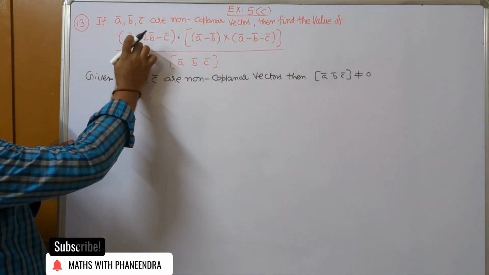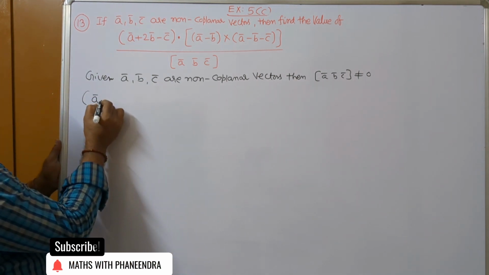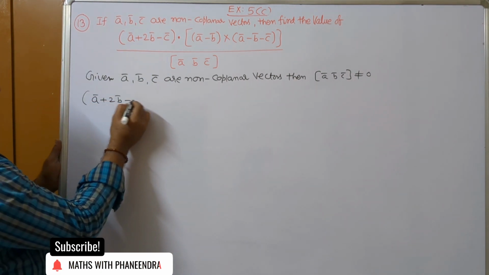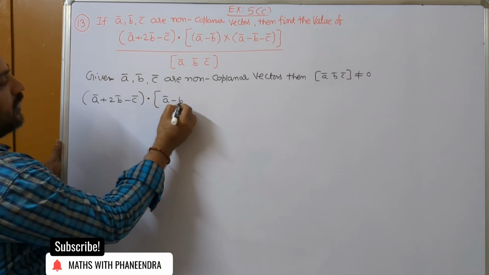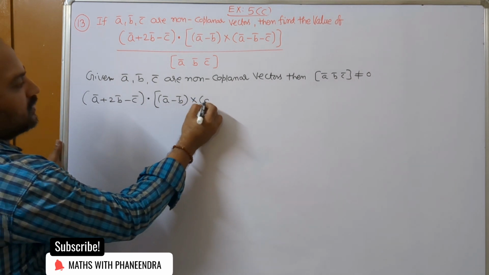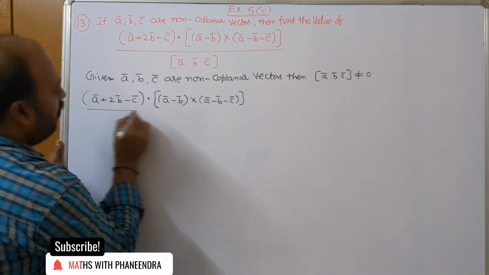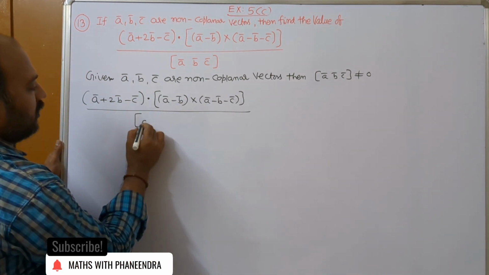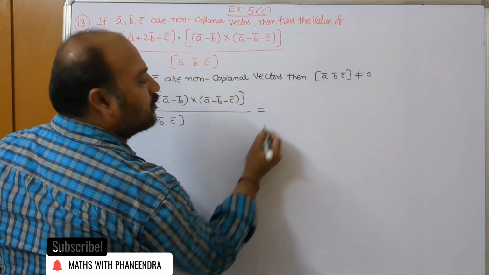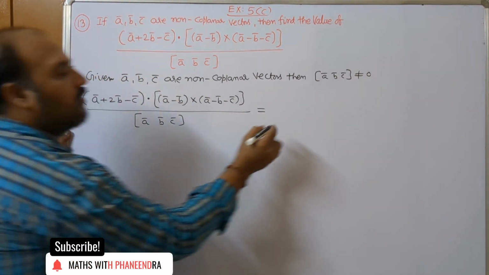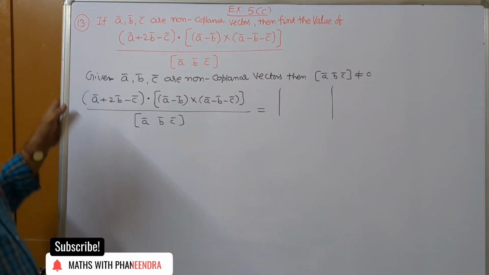So numerator: first A bar plus 2B bar minus C bar dot A bar minus B bar cross A bar minus B bar minus C bar, whole divided by box of A bar, B bar, C bar, which is equal to the box of this value. Box of this value means you can take it as a determinant in the numerator.